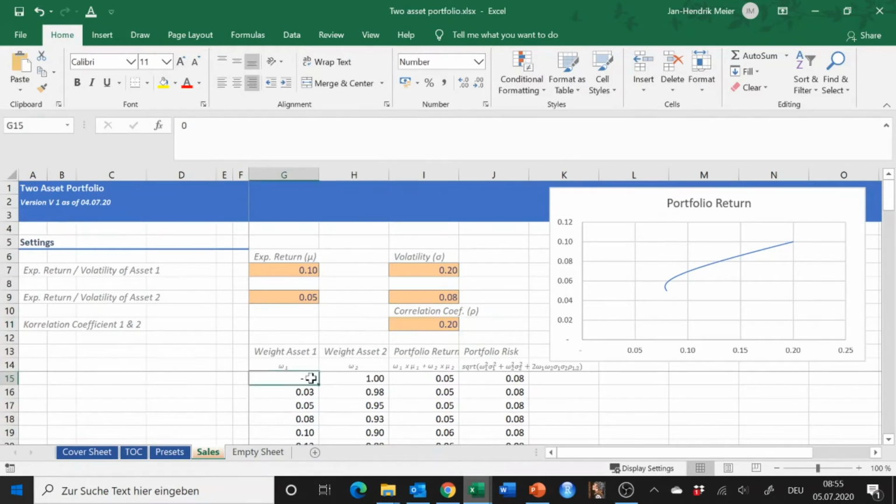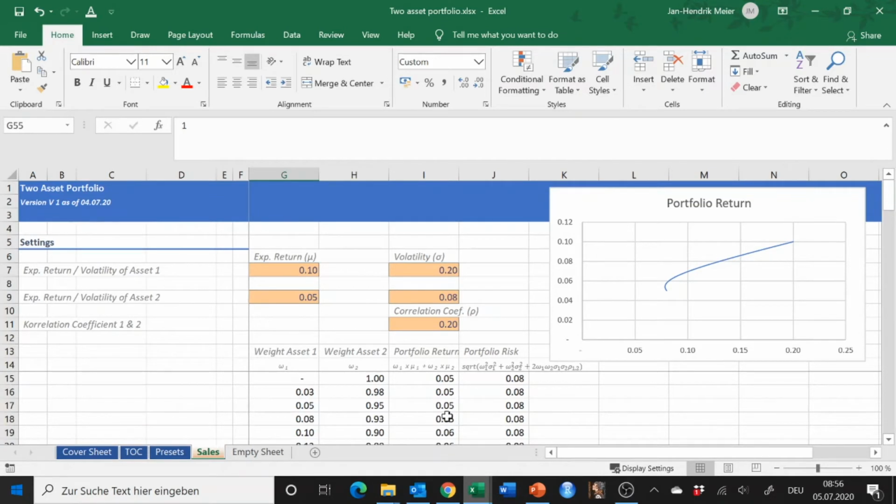So the first line is a portfolio that consists only of asset 2, because the asset weight is 1 for asset number 2, and for asset number 1 the portfolio weight is 0. And then in small steps this changes until at the end we see that the whole portfolio consists of asset 1.